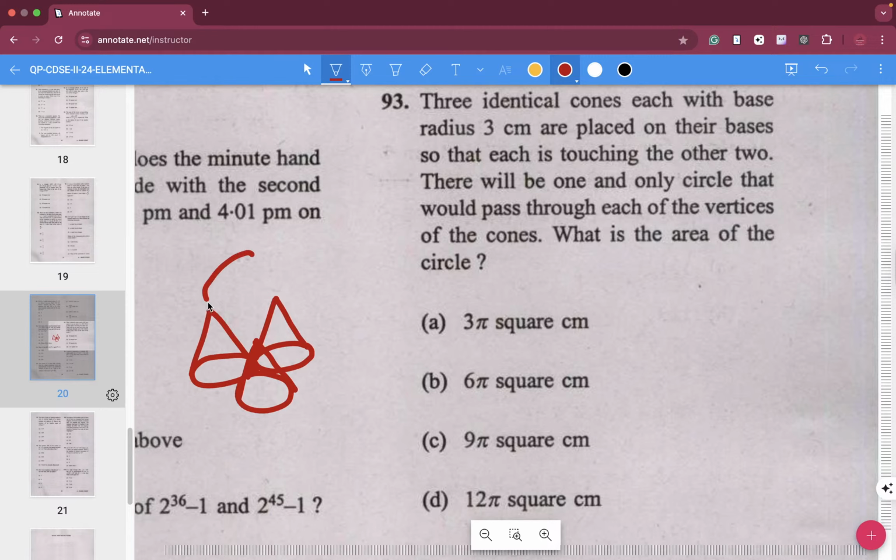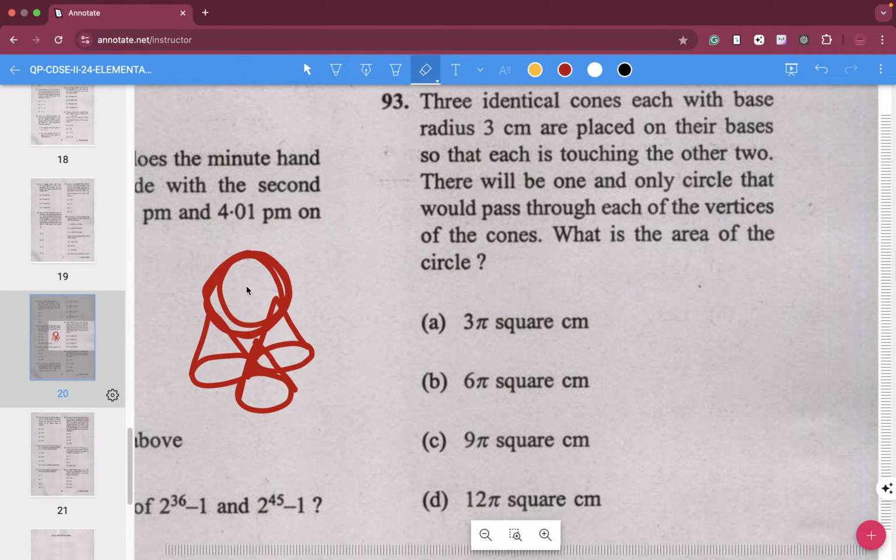And on that we have this circle over here. There will be only one circle that will pass through each of the vertices of the cones. So what is the area of the circle?